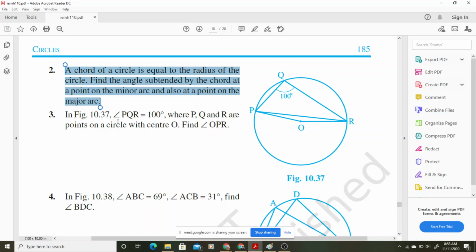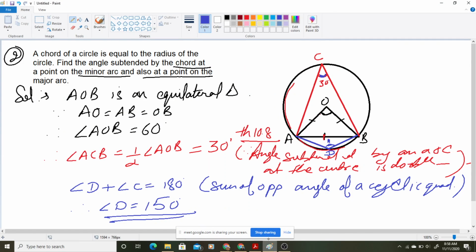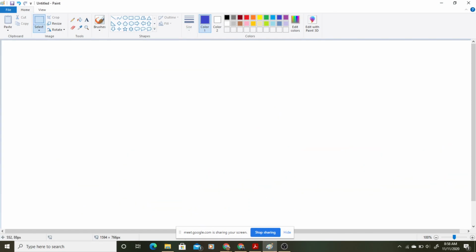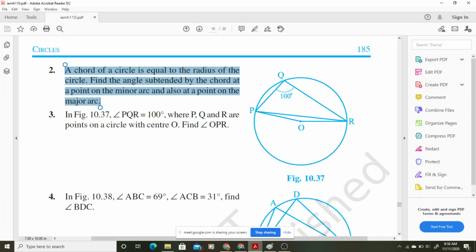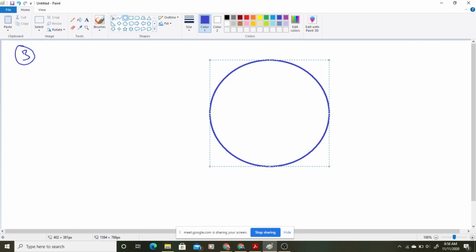In the figure, see this is the figure given to us. So I will draw this figure for you so it is clearly visible what is given in the third question. We are given a figure, a circle is given, I'll draw it. Then OP, OR and PR are joined. So we will take a center and from the center we will take this one as OP, and then it is also joined like this.